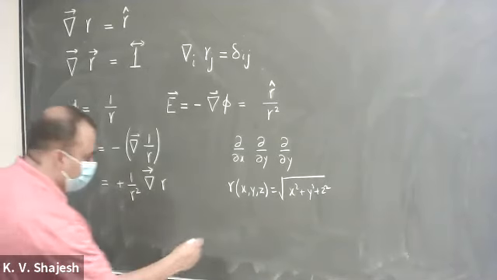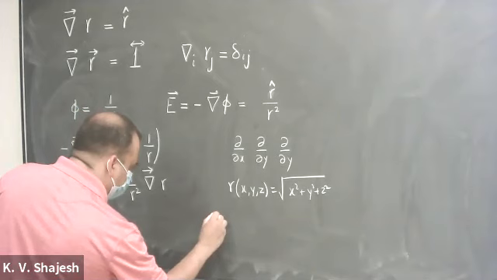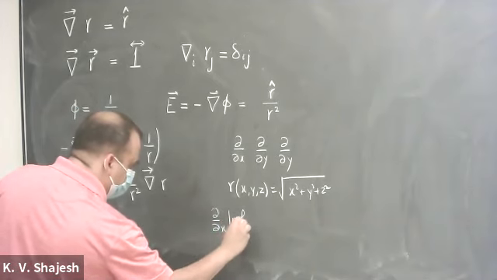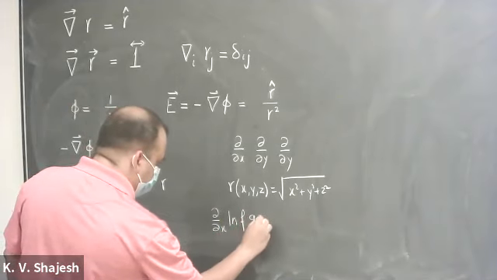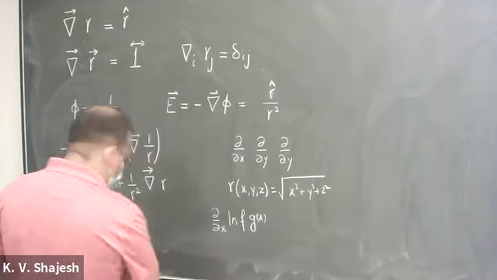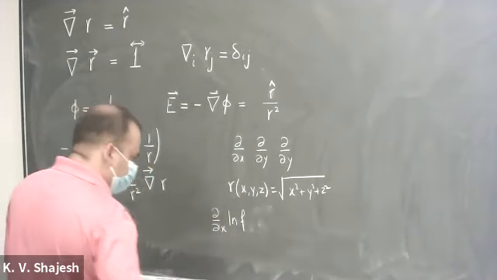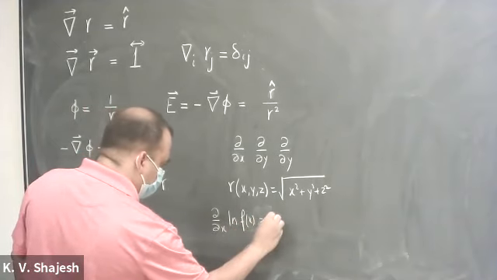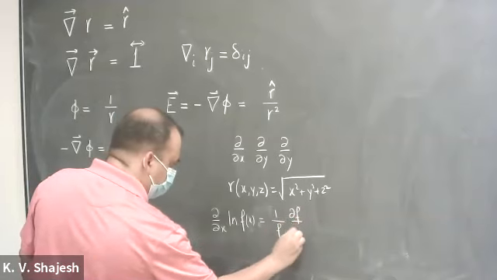Is that clear what I did? Let's say I'm doing d by dx of log of f of x. You would first do 1 over f and then take the derivative of f with respect to x.